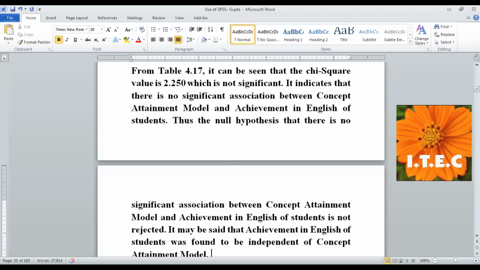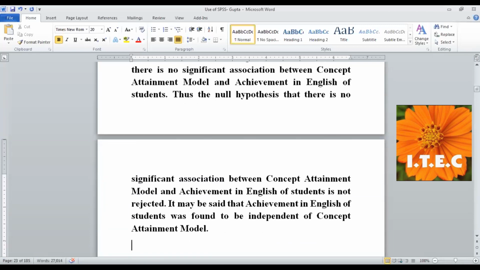Or you can say there is no significant effect of models of teaching on achievement in English of students. This is also all right.